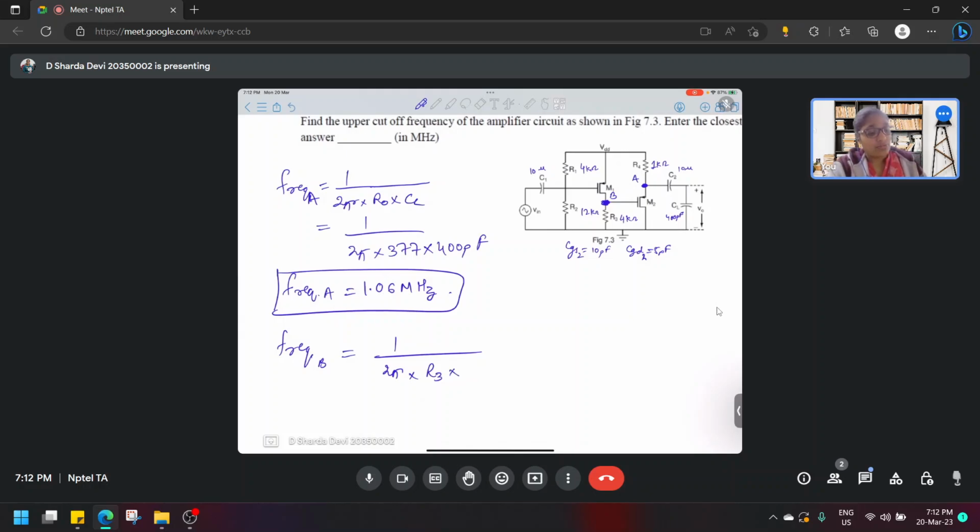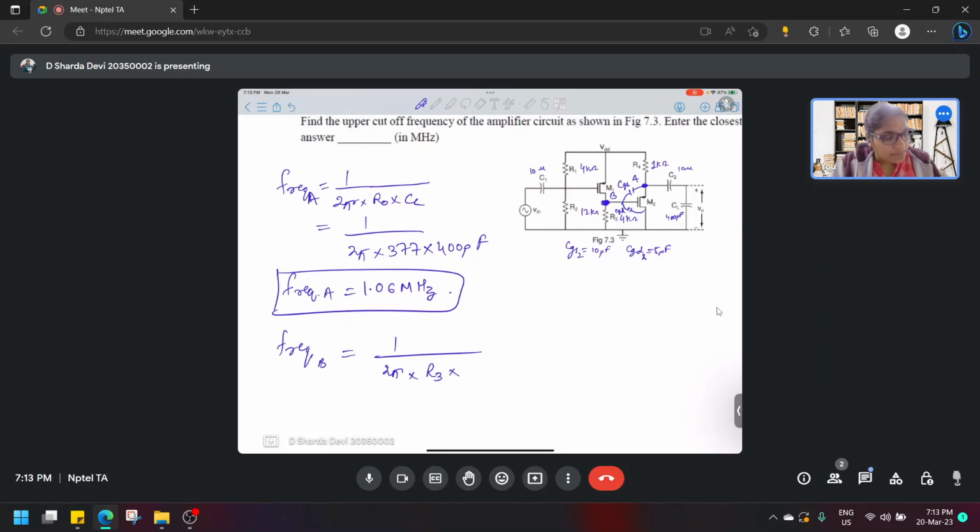Now coming to capacitances. M1 doesn't have any intrinsic capacitances, or we are neglecting the intrinsic capacitances for M1. We'll only consider the intrinsic capacitances from M2. Here we will see a CGS, and here we will see a CGD.